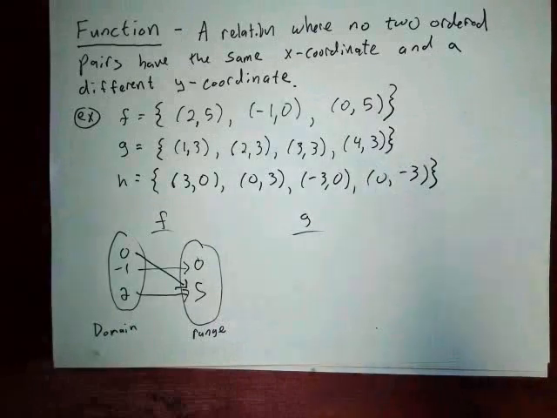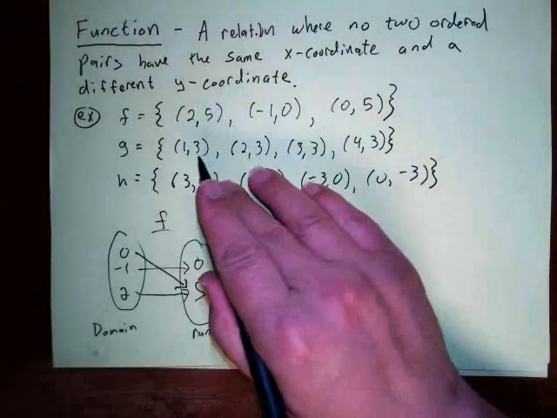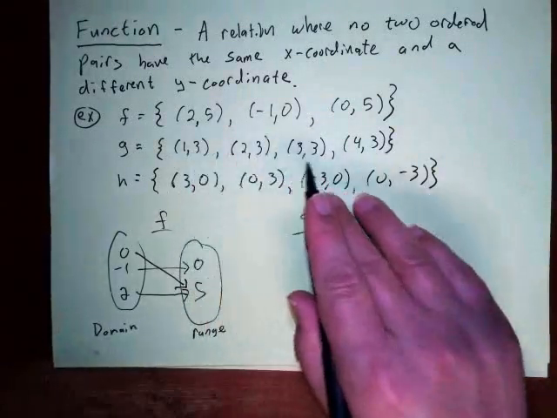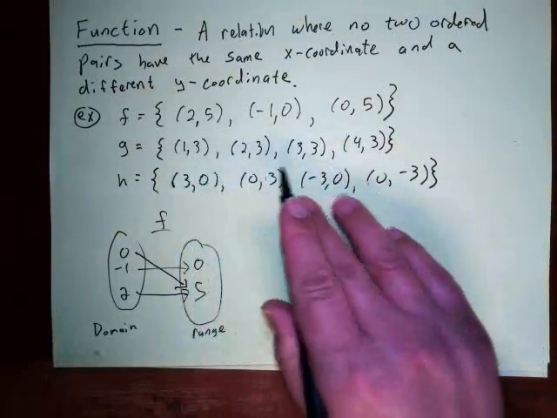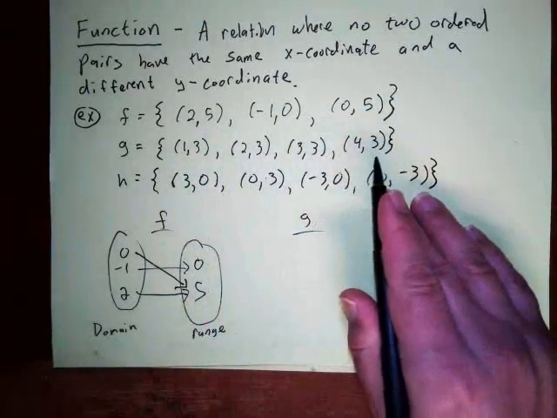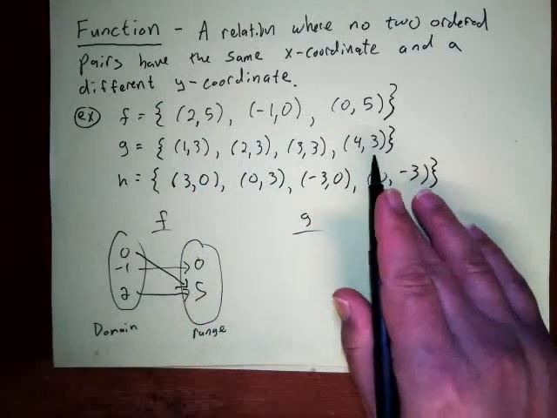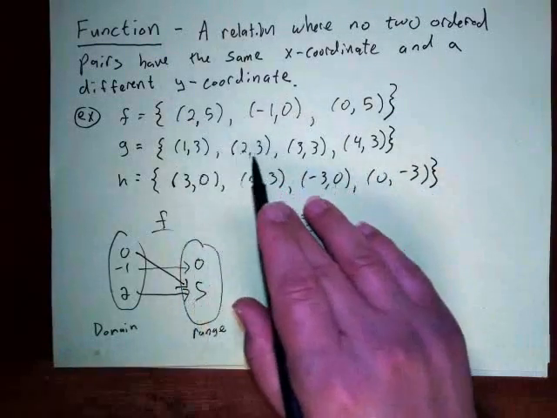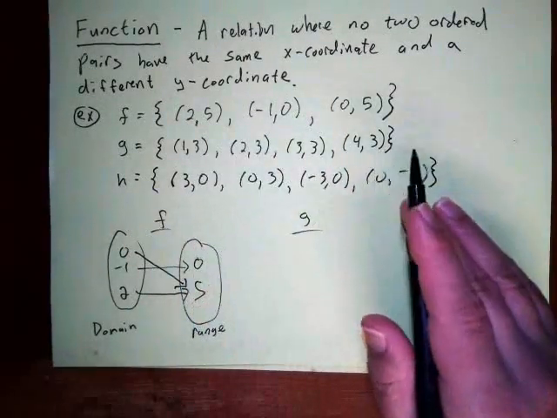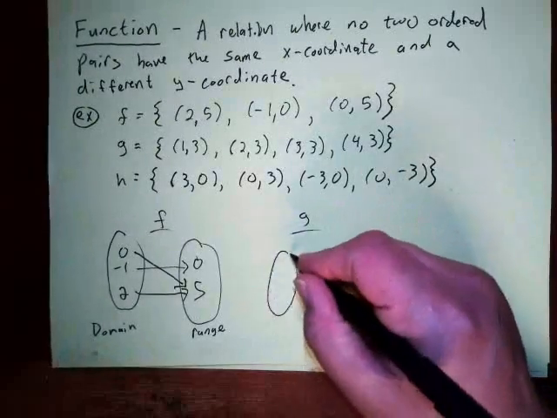And the answer here is yes. Okay, because there are no two ordered pairs that have the same first coordinate and a different second coordinate. Okay, it's a little tricky. All the second coordinates are 3, and that's okay. That can still be a function here.